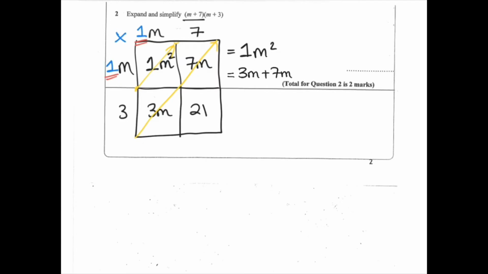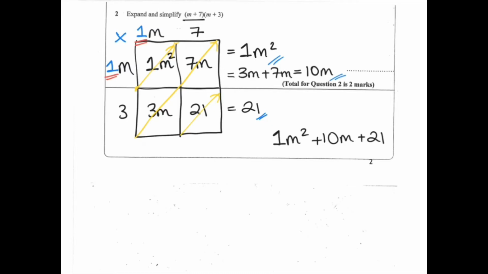Yep, they're the same family, so I know I'm doing the right thing. Becomes a 10m. Last diagonal here, 21. On its own, 21. Which means that my final answer is these combined. 1m squared plus 10m plus 21. Okay, foolproof way of working that out.